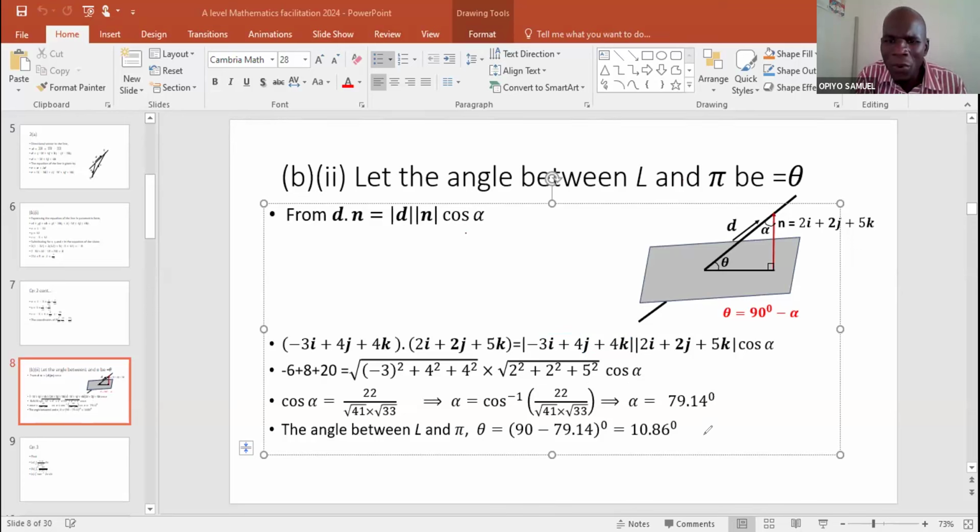You copy it first, then you round to the appropriate number of decimal places. Now, the angle between the line and the plane is given by theta equals 90 degrees minus alpha. So we substitute 90 minus 79.14. We get 10.86.